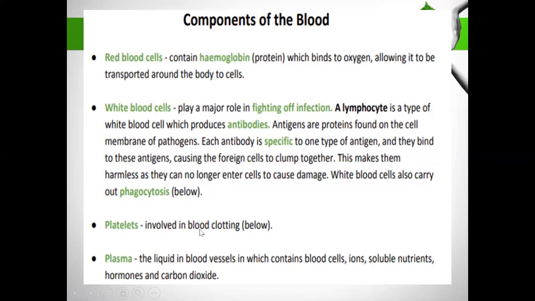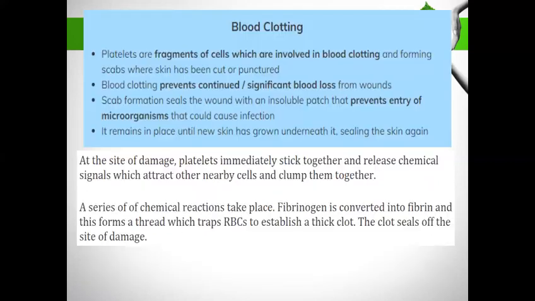Platelets are fragments of cells. Their duty is to clot the blood, and they secrete some chemical which converts fibrinogen into fibrins, and these fibrins make the fibers due to which clotting of blood takes place. And then blood plasma: we already discussed that blood plasma contains a high amount of water and many organic and inorganic substances.